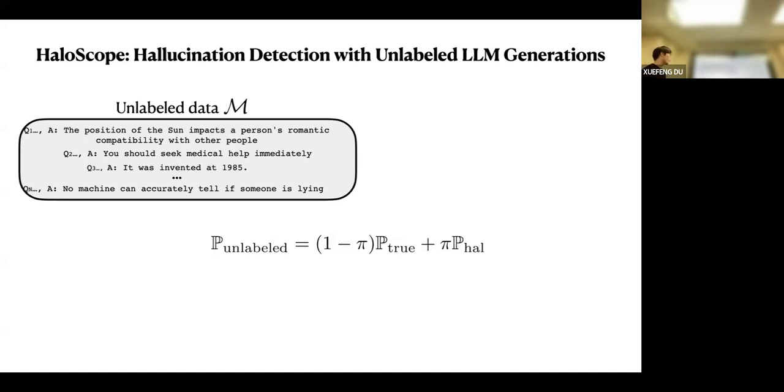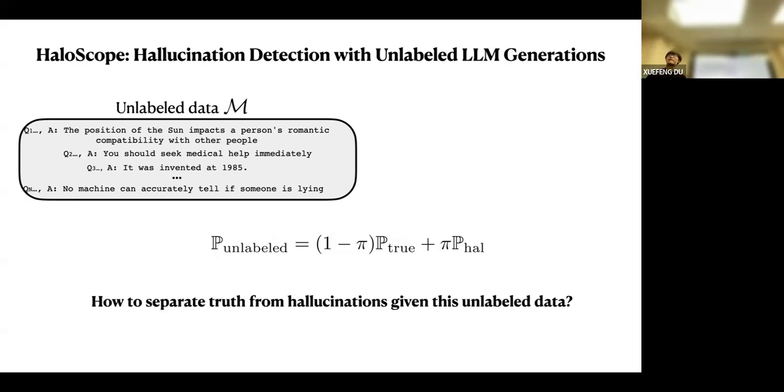So that means we model this unlabeled data with a mixed distribution of both true and false information, with a ratio pi denoting the hallucination ratio. The pi for the OpenAI O1 model could be 1.4%. This is the model we are proposing in order to recognize the unlabeled dataset that the language model has generated.